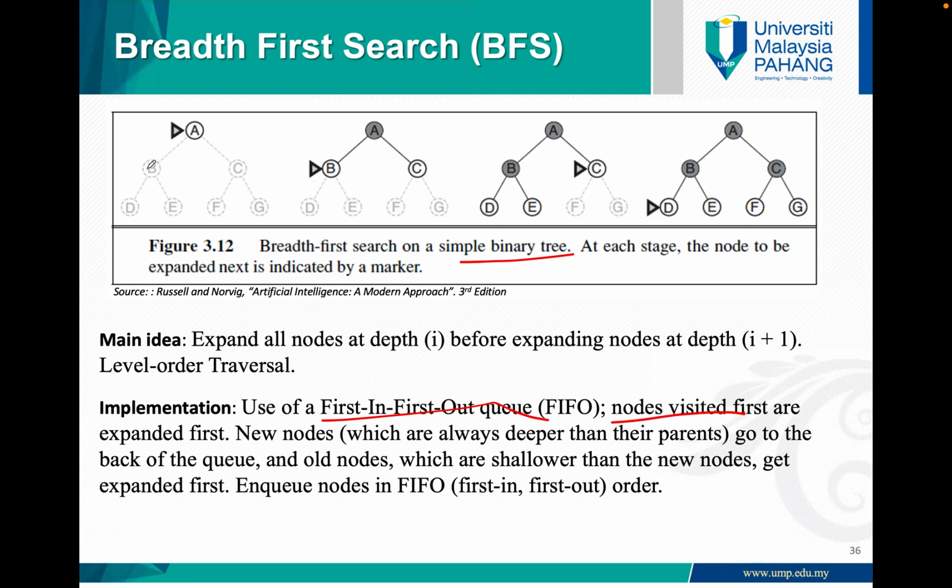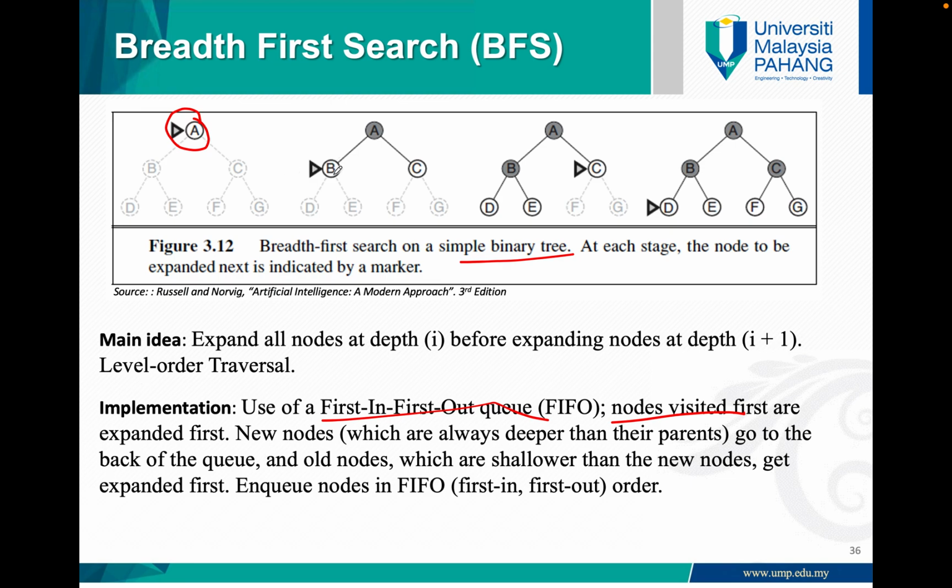For example, let's take a look. We start at A. And then we visit whichever that we visit first. If we visit B first, that means nodes visited first are expanded first.